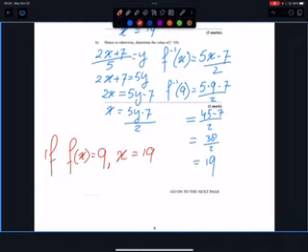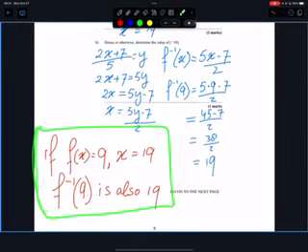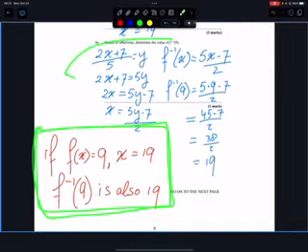So you could just write, so f inverse of 9 is also 19. It's the same thing. The exact same question. Since f(x) is 9 equals x is 19, while the inverse and the answer is also 9, my answer x should also be 19. If you wrote this, 1 point. Yes? You do not have to do all of this.